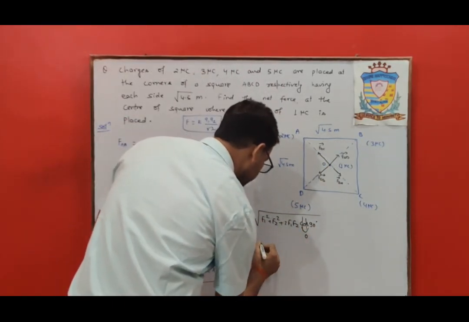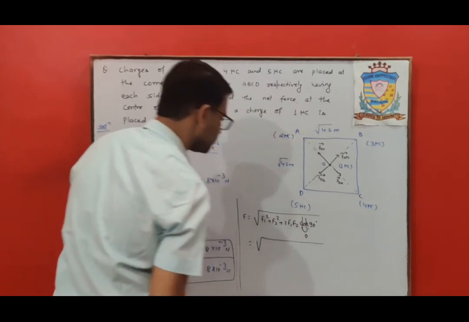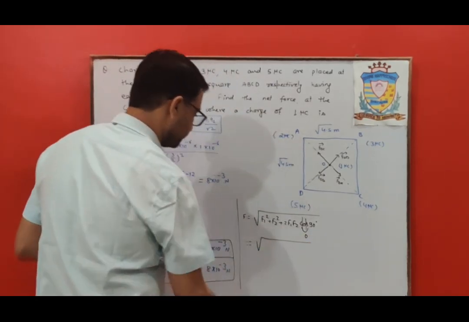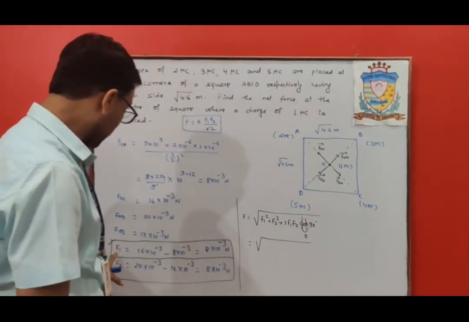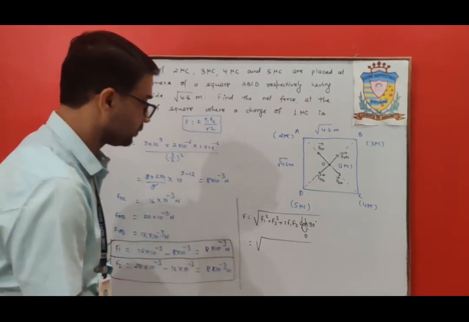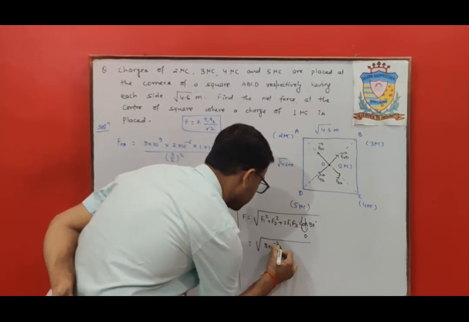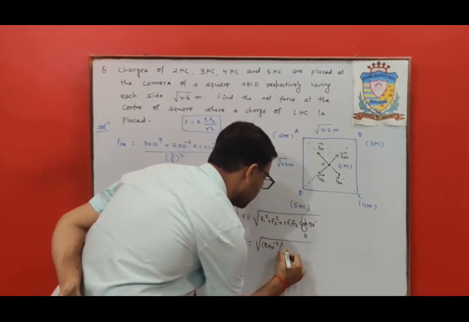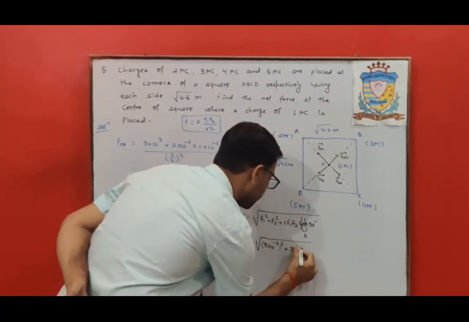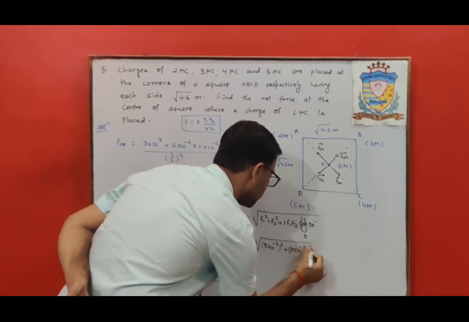Now what we have? Here you can see the magnitude of F1 and F2 is same. That means 8 into 10 to the power minus 3 whole square plus 8 into 10 to the power minus 3 whole square.